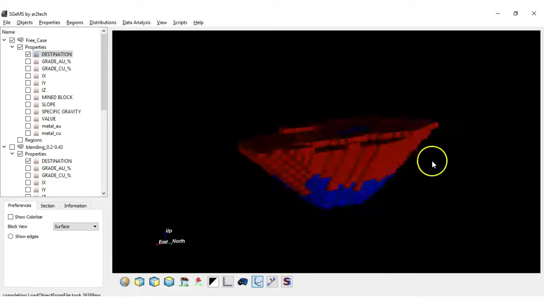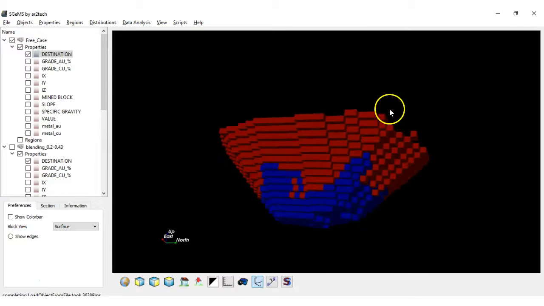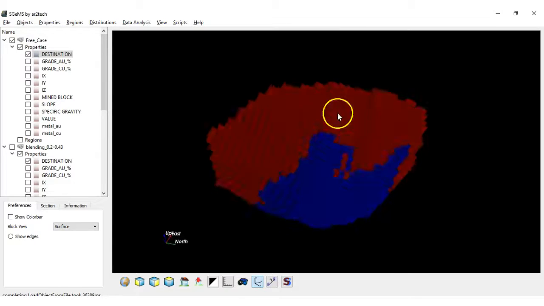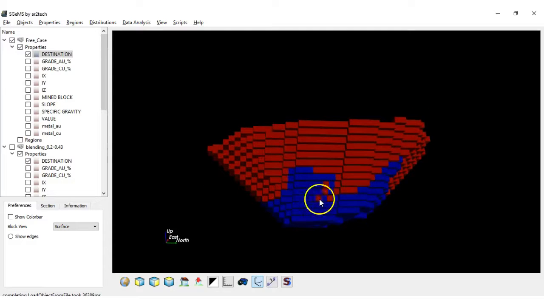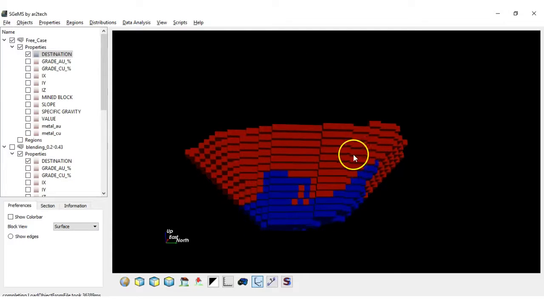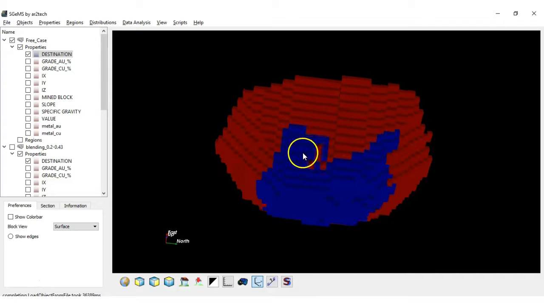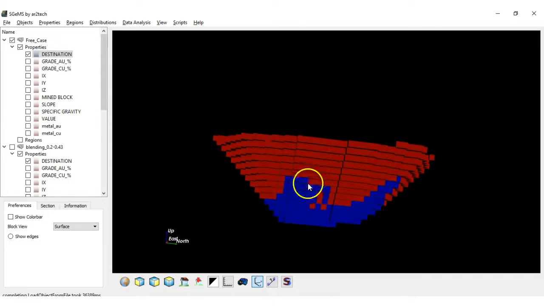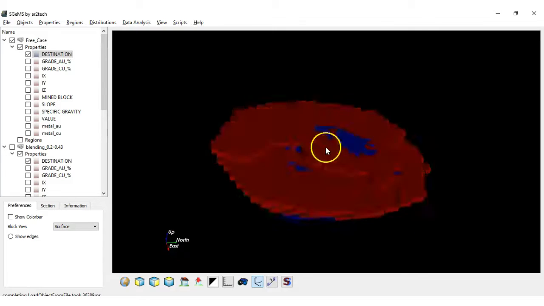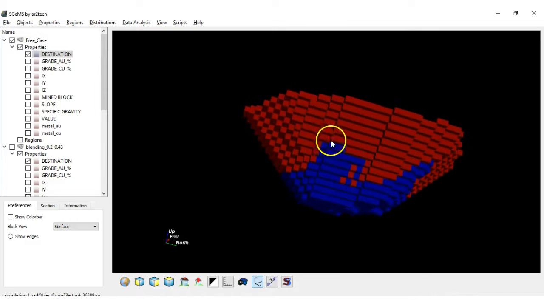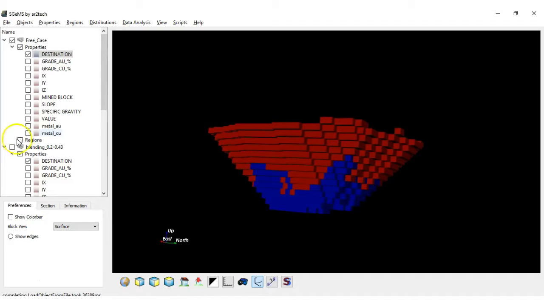So as you can see here, this is the free case, right? A pit with the blue representing the ore and red representing the waste. Ore is better centered, at the bottom and in the middle of the pit. So that's the free case.